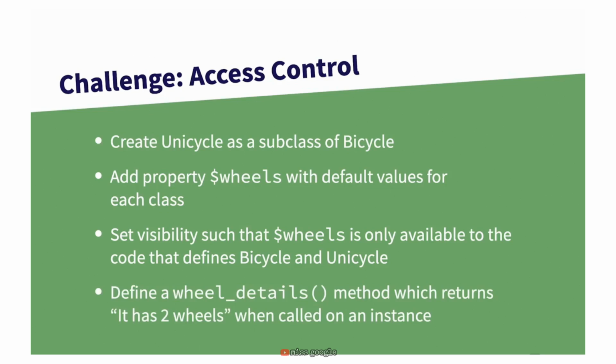Then you'll define a new method called wheels_details, which is going to return a sentence describing the wheels on either the bicycle or the unicycle instance that we're working with. So for example, if we have a bicycle instance, it would return it has 2 wheels. If we have a unicycle instance, it would return it has 1 wheel.